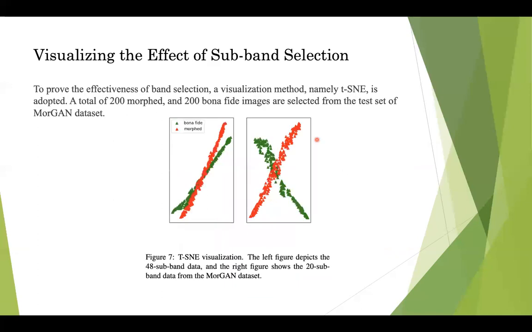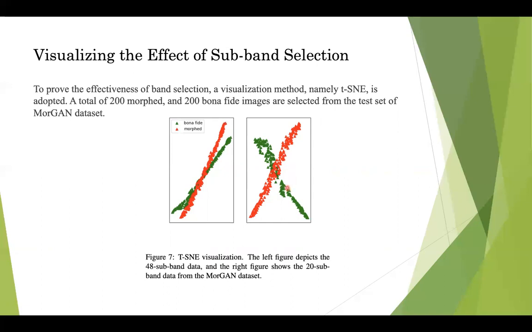Finally, we employed TSNE visualization to prove the functionality of the subband selection. In the left figure, a subset of the Morgan dataset is visualized for both bona fide and morph classes using TSNE. The same subset of the dataset is visualized in the right figure, but in the right figure, subband selection is performed on the dataset.